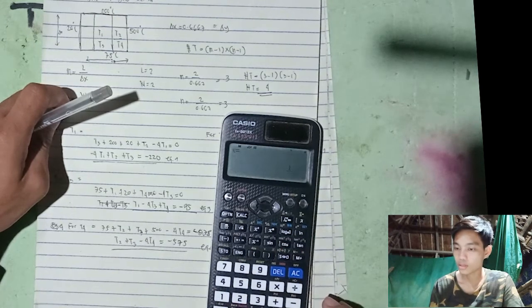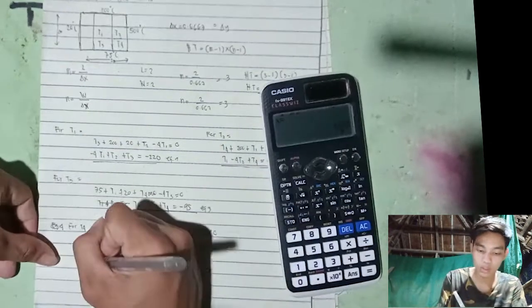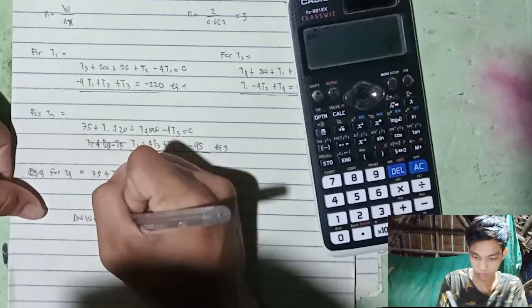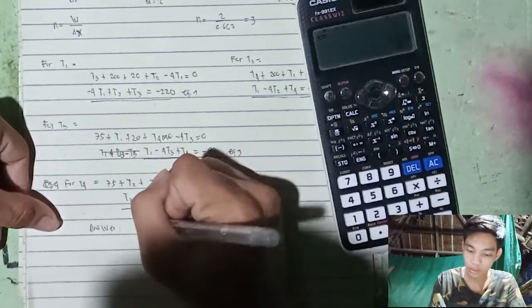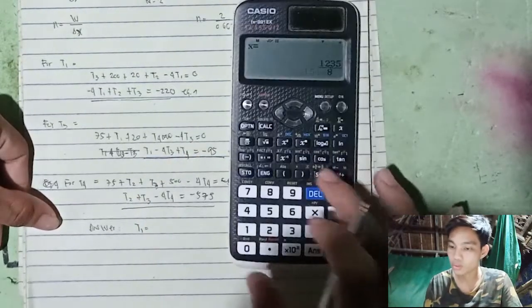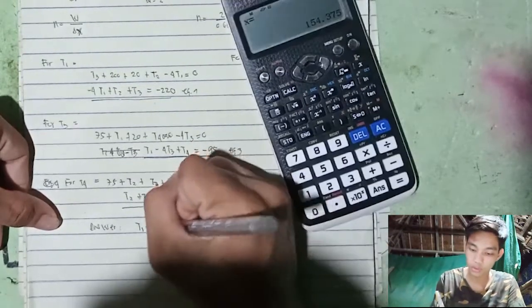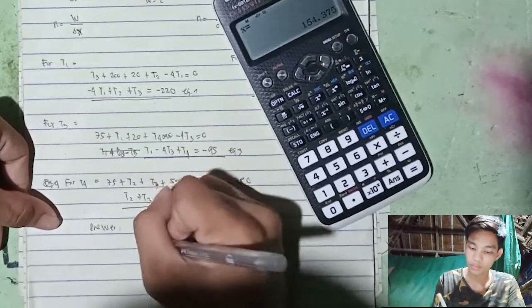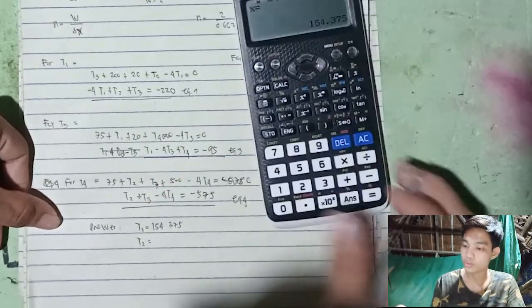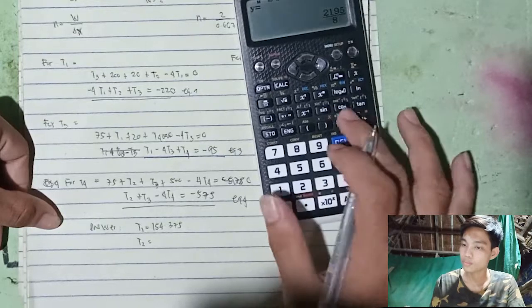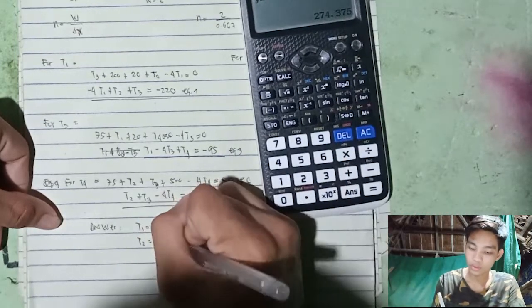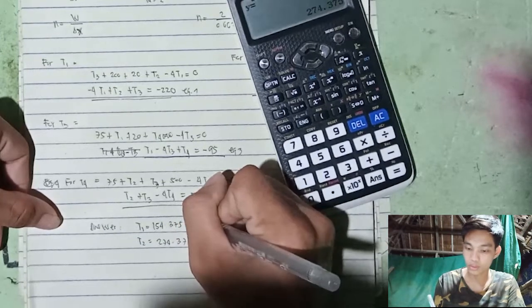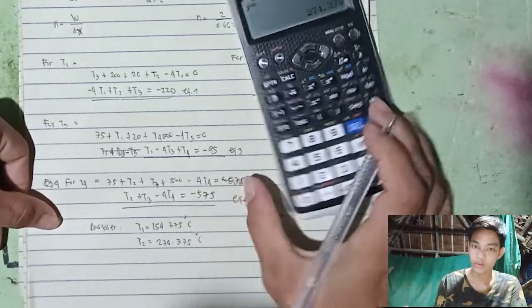So, our answer, which is ating temperature 1, it is equal to 154.375. Temperature 2, we have 274.375. So, naka-degree Celsius po yun sila, no?